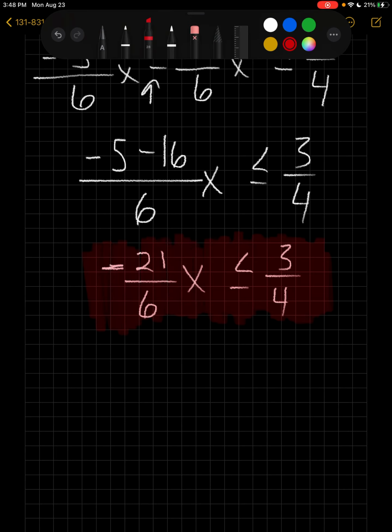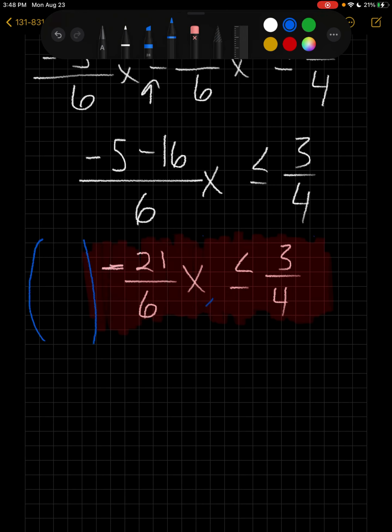So what we have to do is isolate this variable of x. So what's happening right now is we're multiplying by negative 21 over 6x. So to address that, here's what I'm going to do.